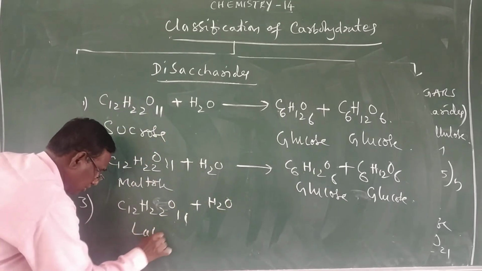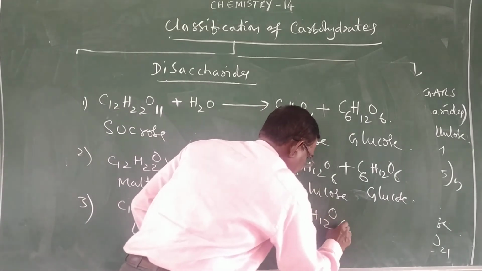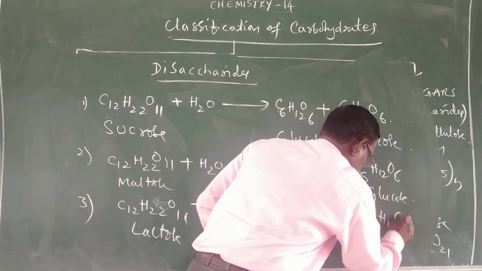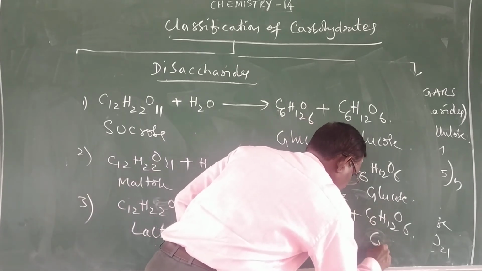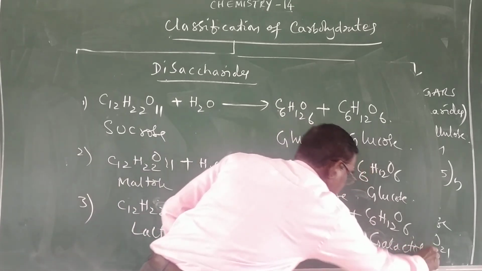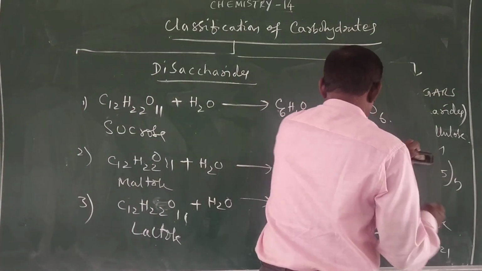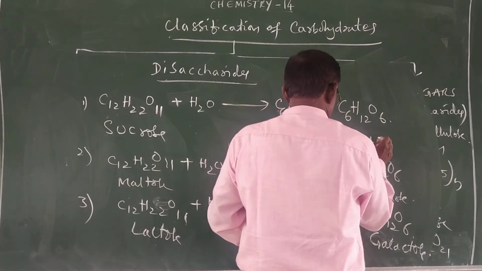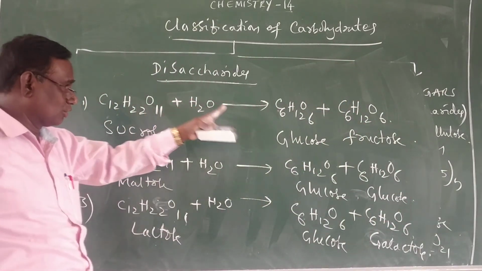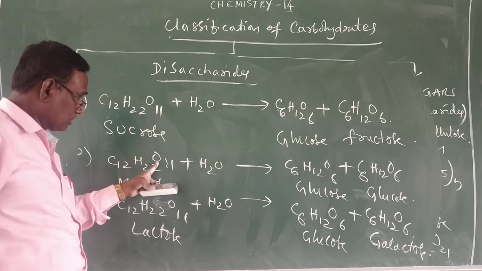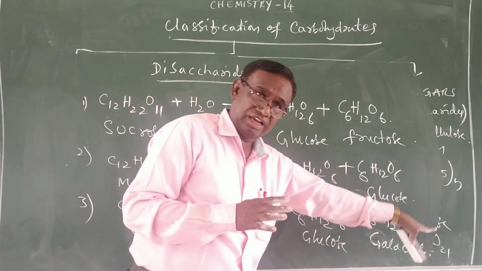Lactose on hydrolysis gives C6H12O6 plus C6H12O6, one glucose and one galactose. So sucrose on hydrolysis gives glucose and fructose. Maltose gives glucose and glucose, both the same. Lactose gives one glucose and one galactose.